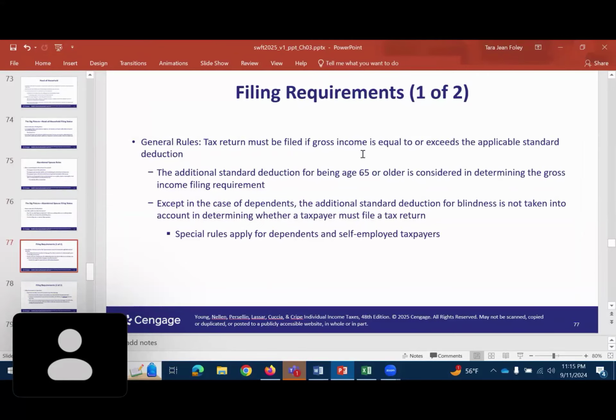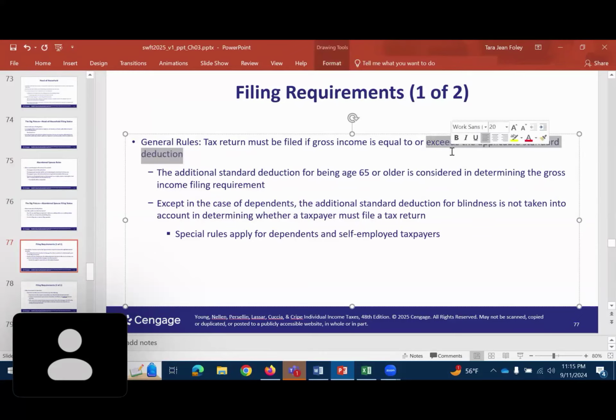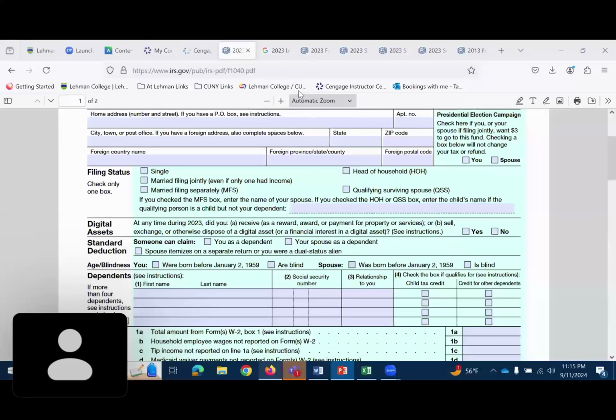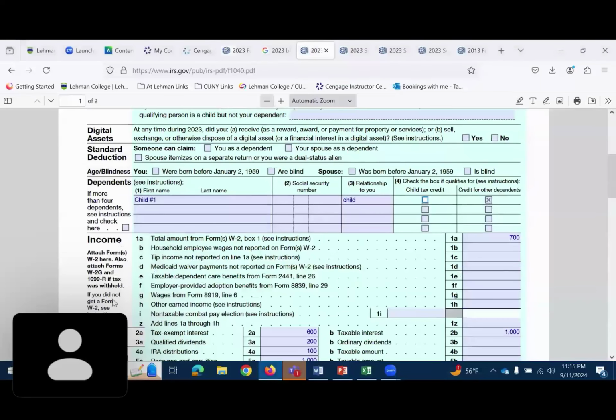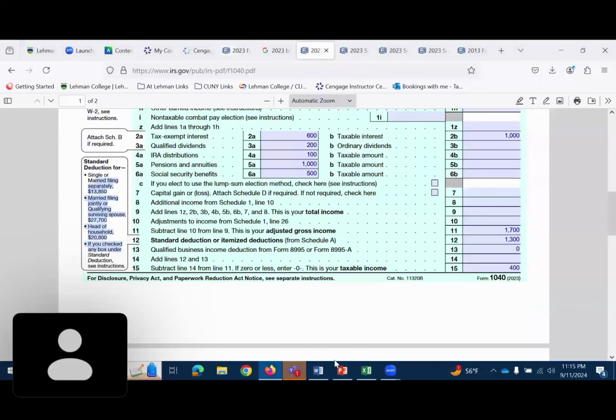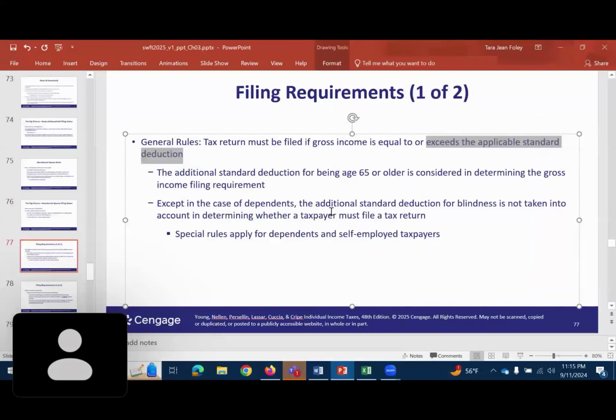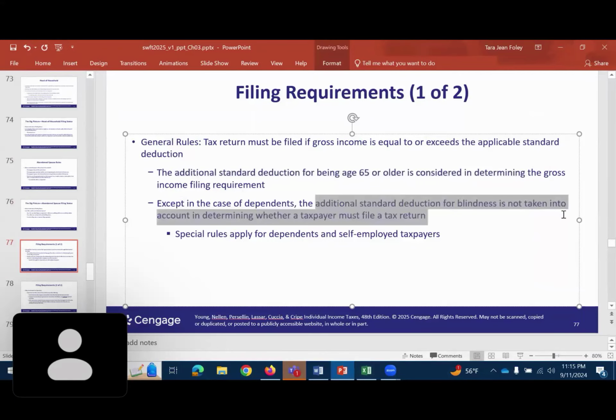Okay. You must file a tax return if your income is equal to or exceeds the applicable standard deduction. If your gross income is equal to or greater than your standard deduction, right? The standard deduction to you, including the additional standard deductions if you're over 65 or blind, except in the case of dependents, the additional standard deduction for blindness is not taken into account.